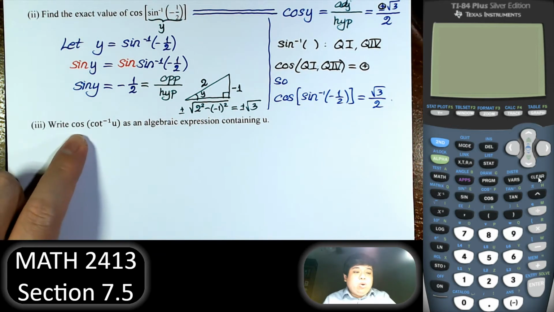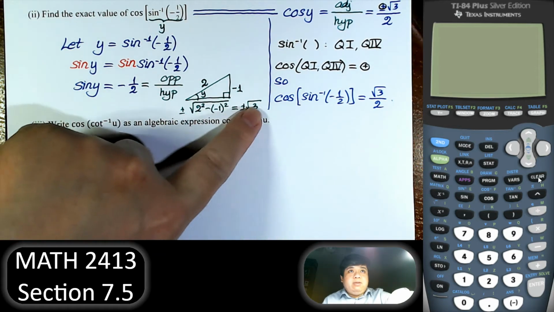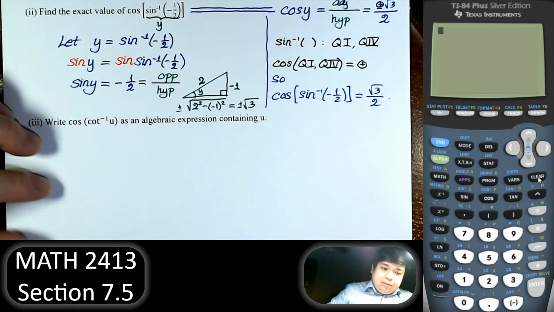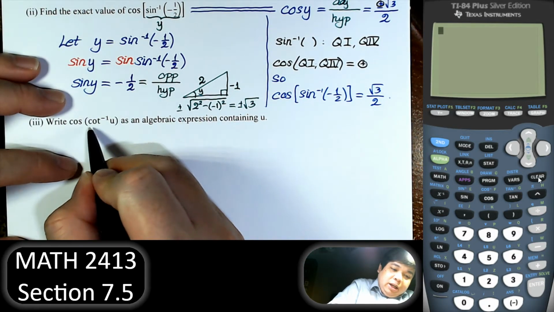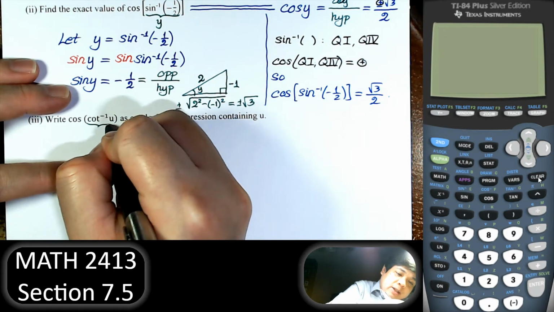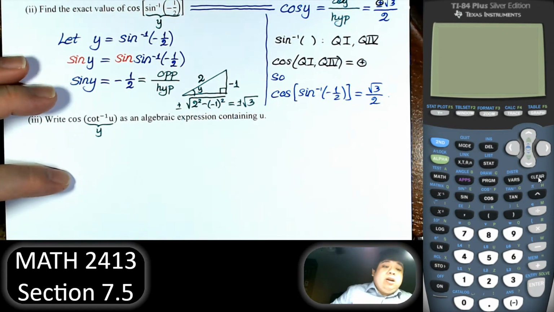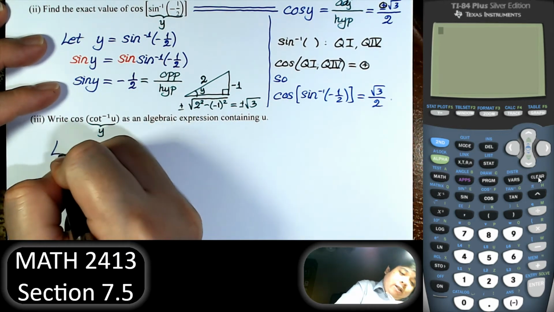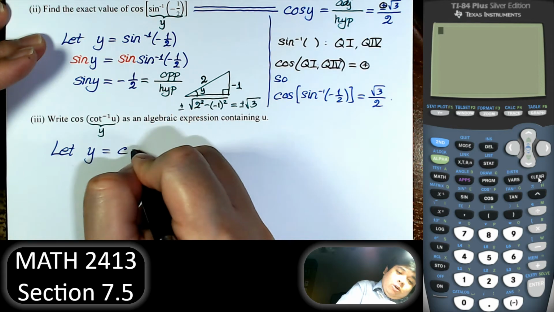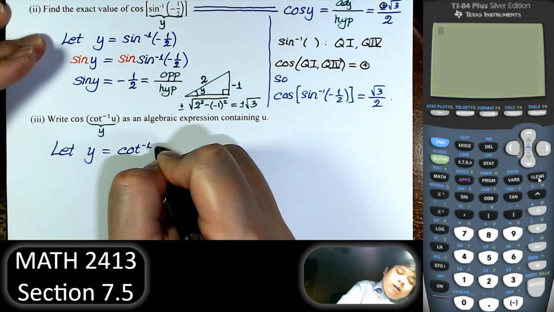Next is the cosine of the cotangent inverse of u. Same thing. Let y be the cotangent inverse of u.